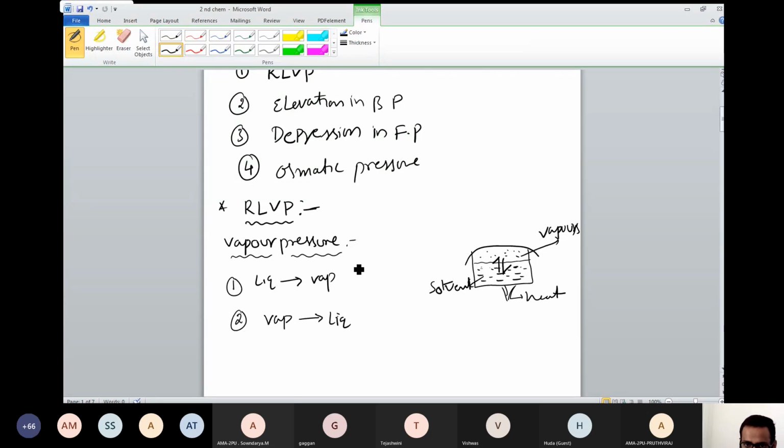Liquid converted to vapor is called vaporization.